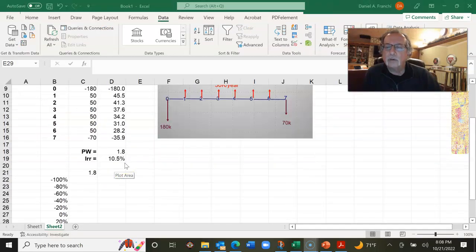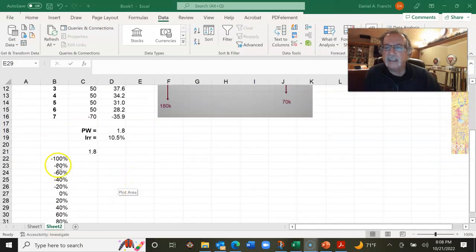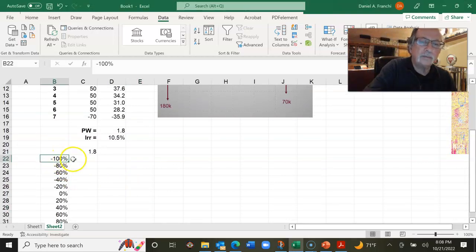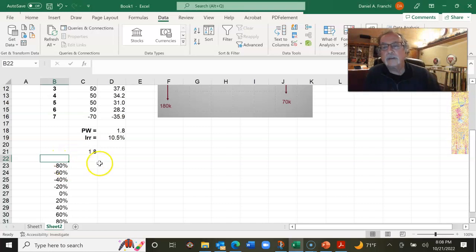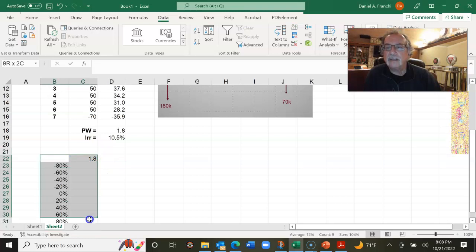Now, the formula 1 over 1 plus I to the n, we need to remember if we have minus 100%, it's going to be 0 in the denominator, so we can't do that. Now let's generate the data table.